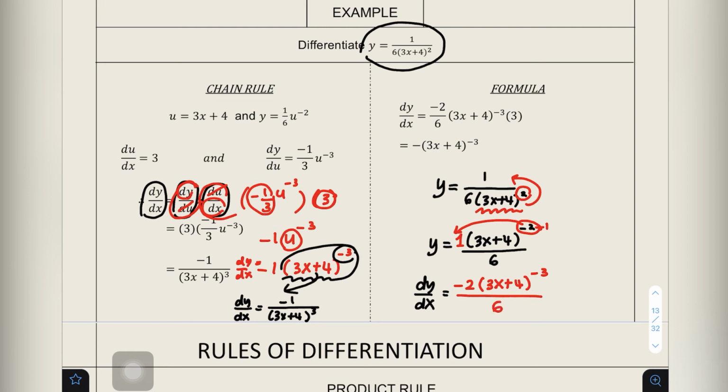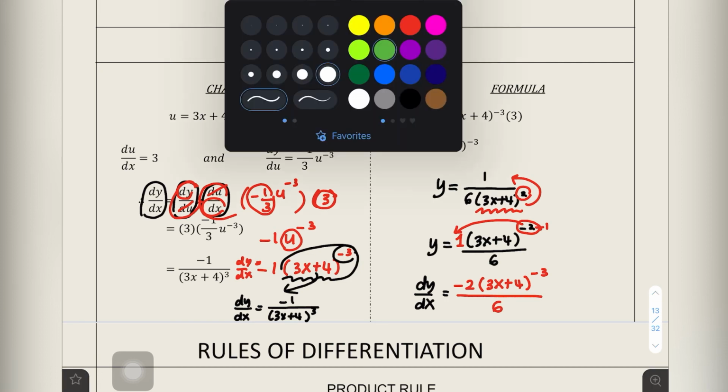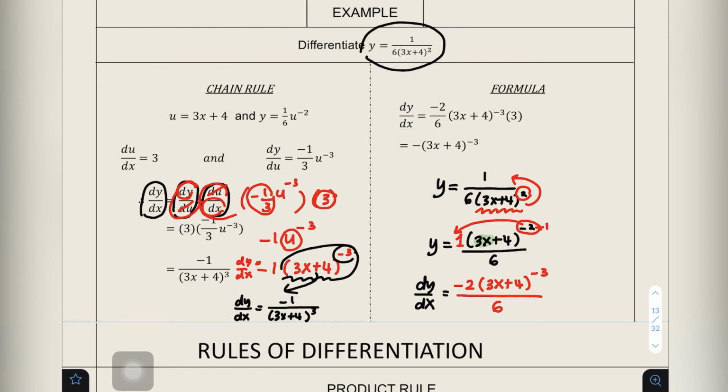Okay, but when you are dealing with a composite function, you have step number 3, which is to differentiate whatever you have in the bracket here. You need to multiply by the differentiation of 3x, which is 3.